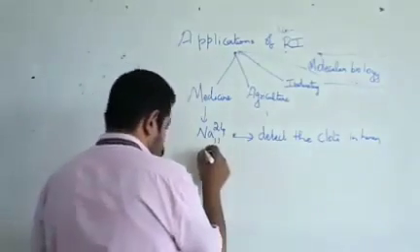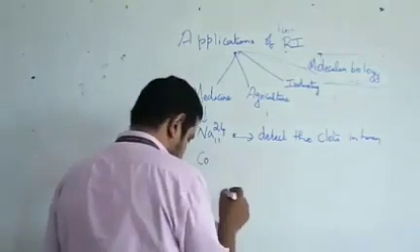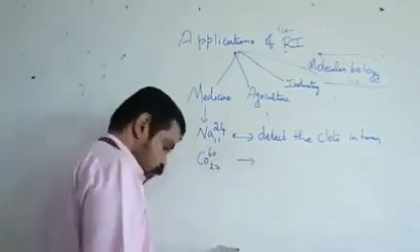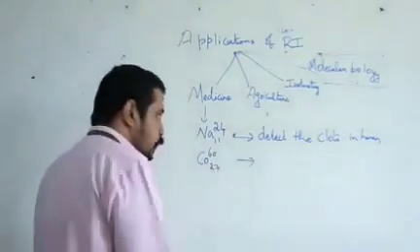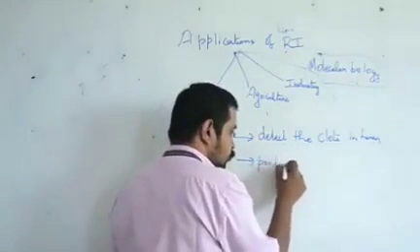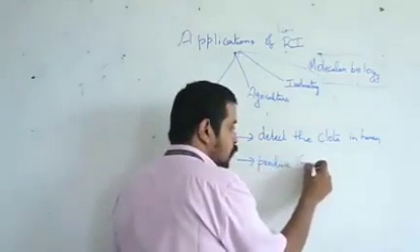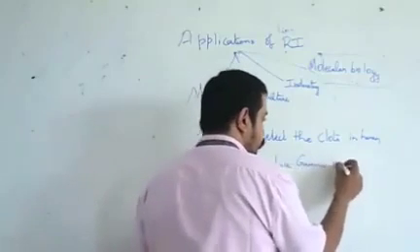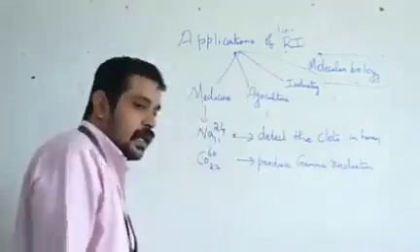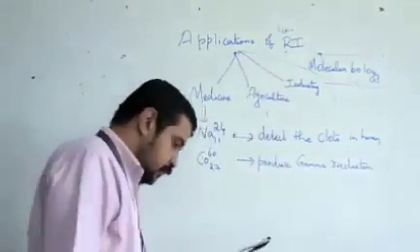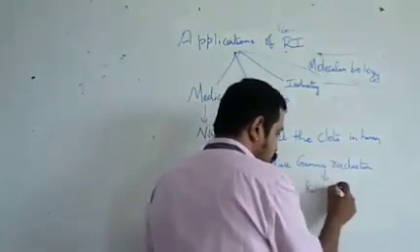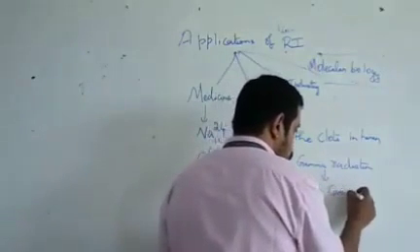We also have cobalt with a mass number of 60 and atomic number of 27, which is able to produce gamma radiation that is used to kill cancer cells.